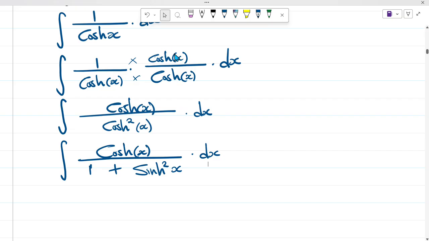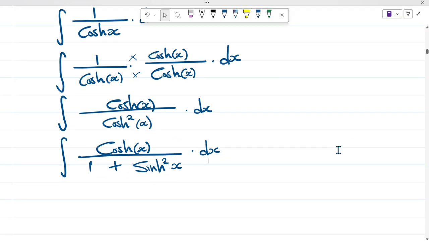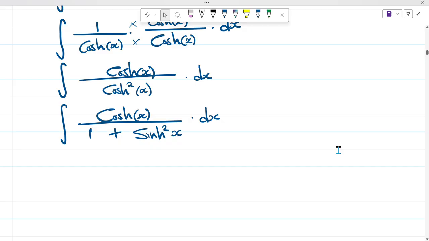Then you multiply numerator by numerator, denominator by denominator. And then from there, you substitute this hyperbolic cos of x squared with its equivalent when it comes to square identities. So then this becomes this. Now it will be easier for you to integrate this.